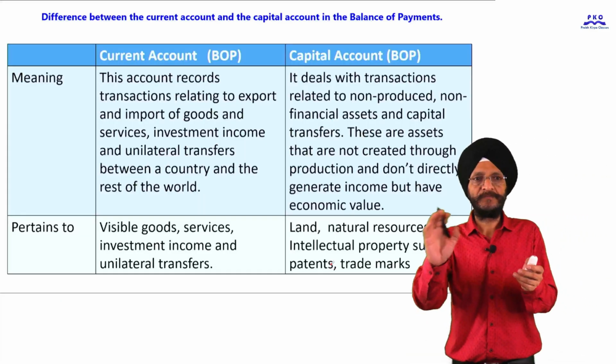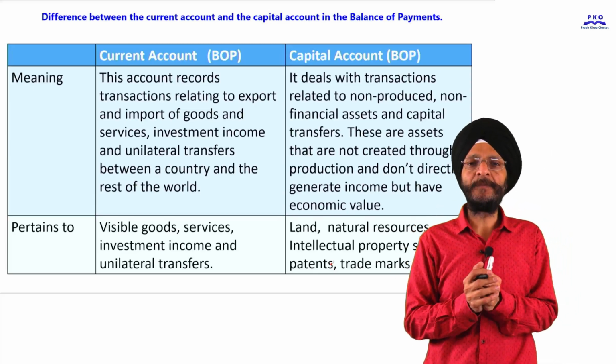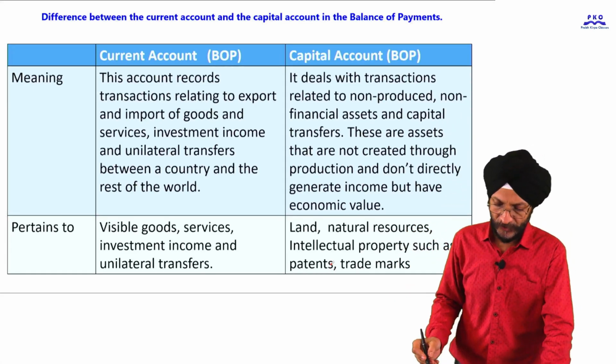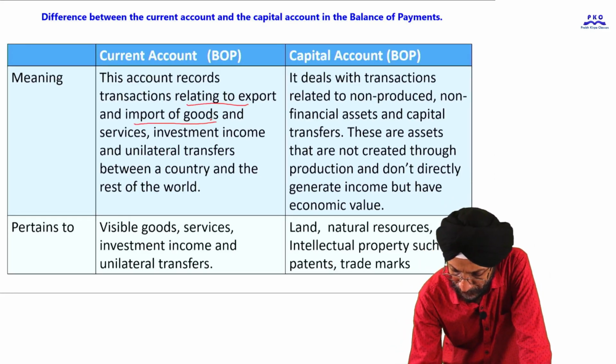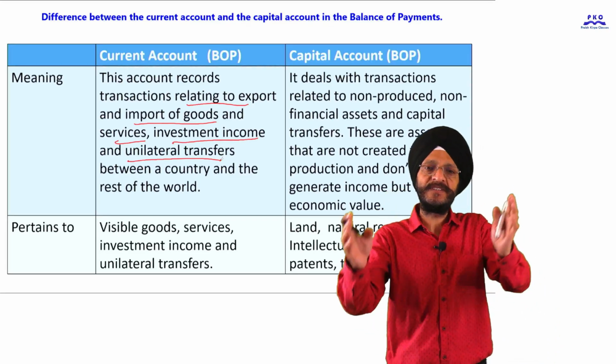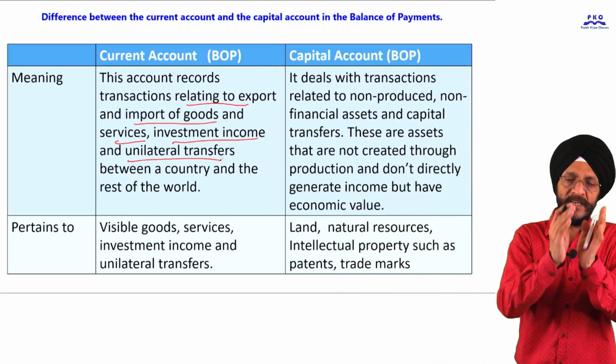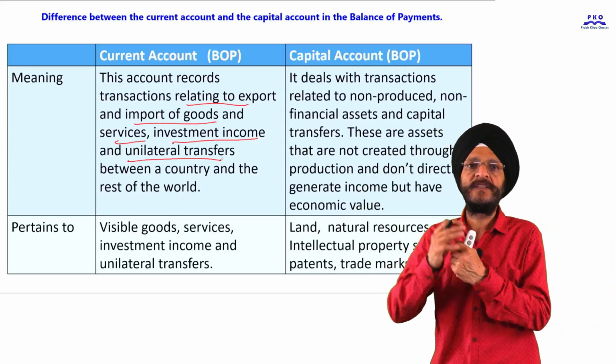Now we will have a brief discussion about the difference between the two. Current account records export and import of goods and services, investment income, and unilateral transfers which take place between the residents of a country and the rest of the world.